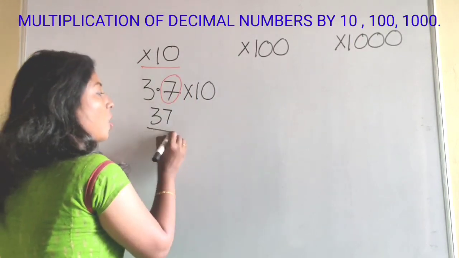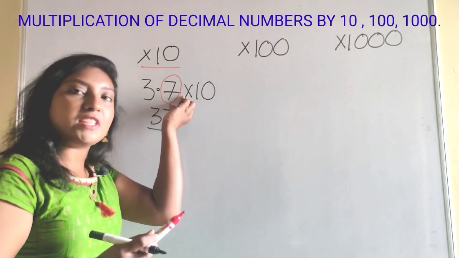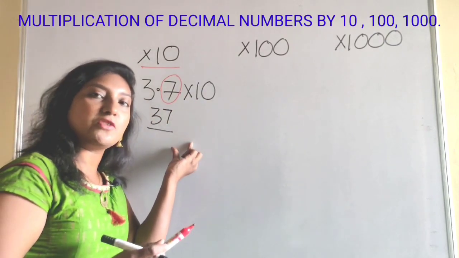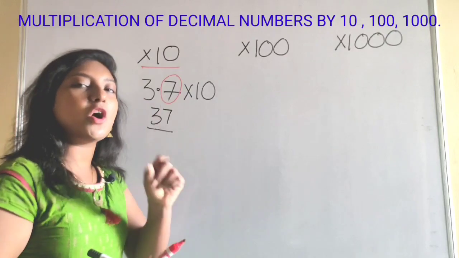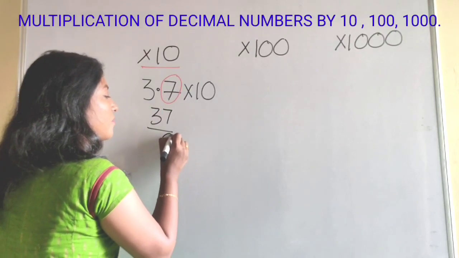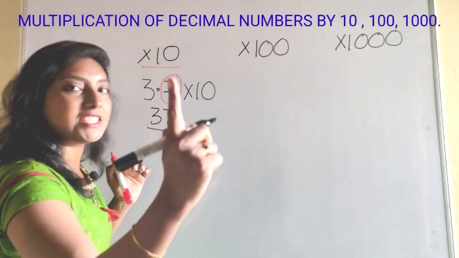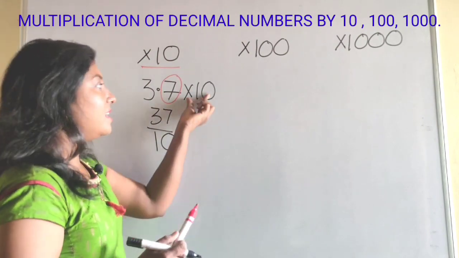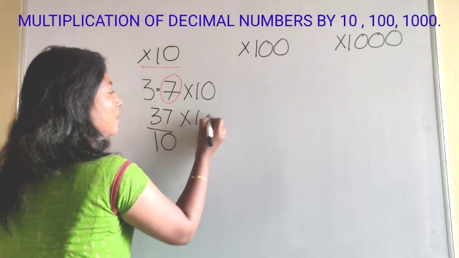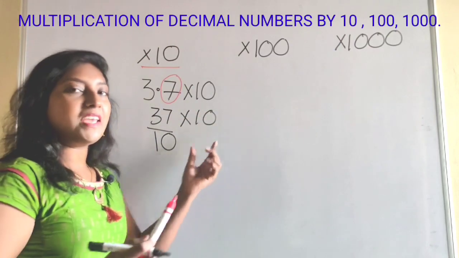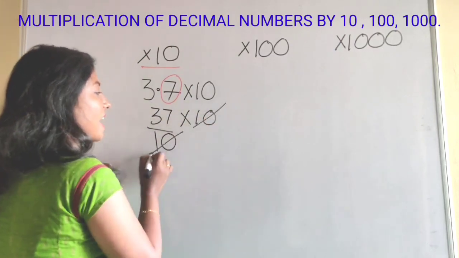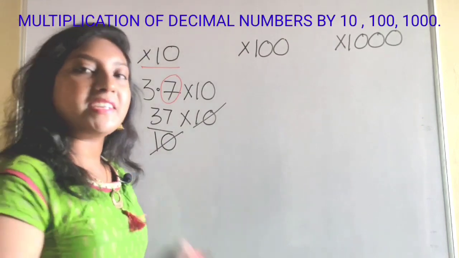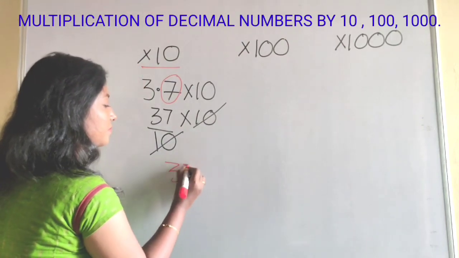Those many zeros we have to take at the denominator. So, I am taking only 10 because we have only one decimal place. And write multiplied by 10. So, simply you can cancel this 10 and this 10. Now, our result is 37.